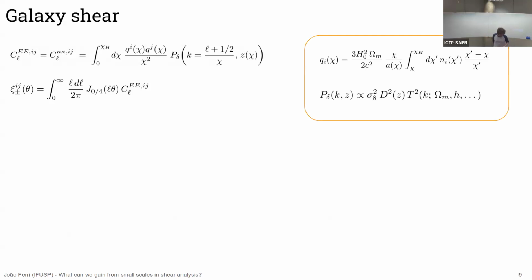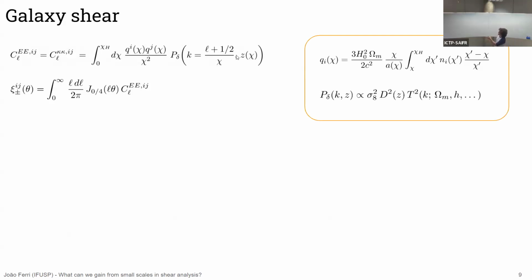Now, it's useful to try to understand what are the cosmological parameters that this shear is sensitive to. The lensing kernel is sensitive to basically H0 and omega matter.